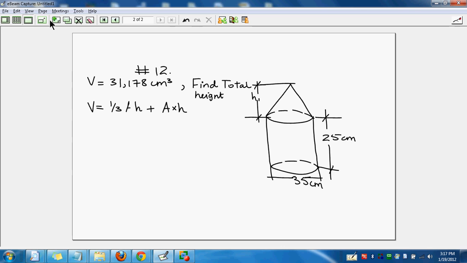You have to find the volume of the cone first, and we'd have to add that to the volume of the cylinder. So let's see what happens now. The volume of the cone will be a third times the area of the base of the cone, which will be this area here. And that will be the same area as this cross section of the cylinder.